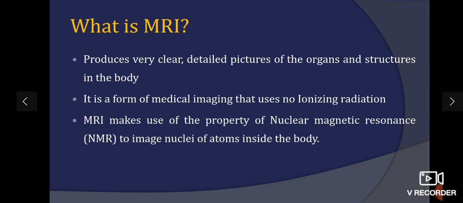So hydrogen atoms are abundantly present in people, particularly in water and fat. Because of this, the MRI scan maps the location of water and fat present in the body, and the pulses of radio waves excite the nuclear spin energy transition, and magnetic field gradients localize the signal in space.